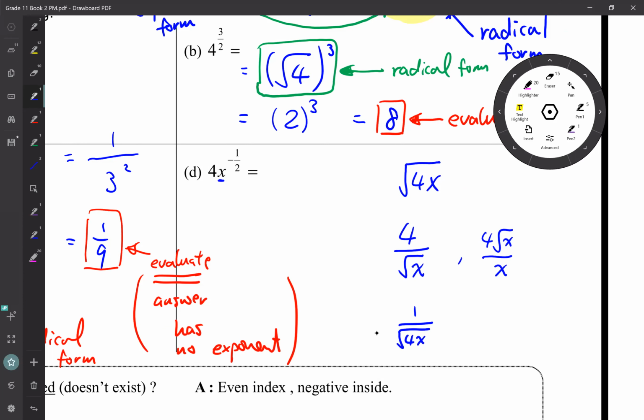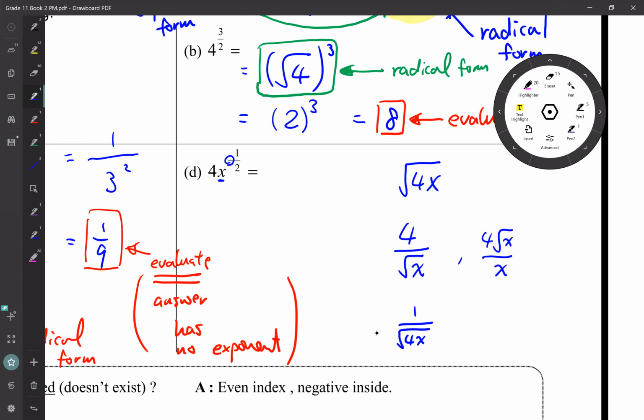So what does a negative exponent do? You change it to positive. And how do we do that? You flip it. Yeah, so let's flip it. What would it look like then? Would it just be 2 over 1? Oh, you don't flip the exponent.